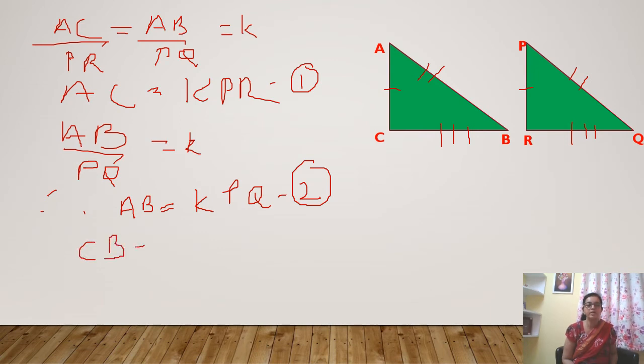So CB is equal to root of AB squared. Always in Pythagoras theorem, when you are finding one side, you have to start with the hypotenuse. Here hypotenuse is AB squared minus the other side. Which side is remaining? AC squared. So this is what you will get over here.